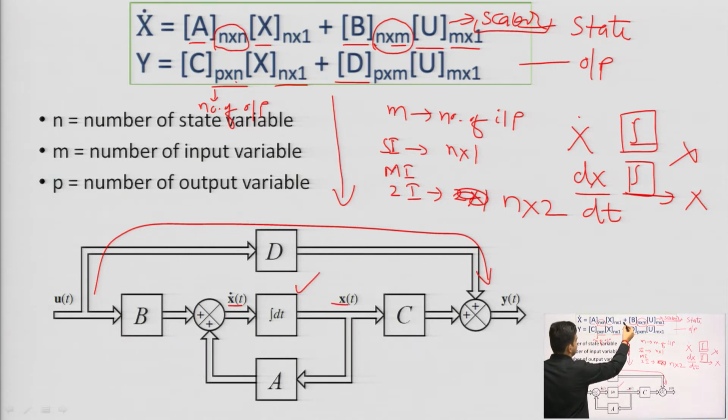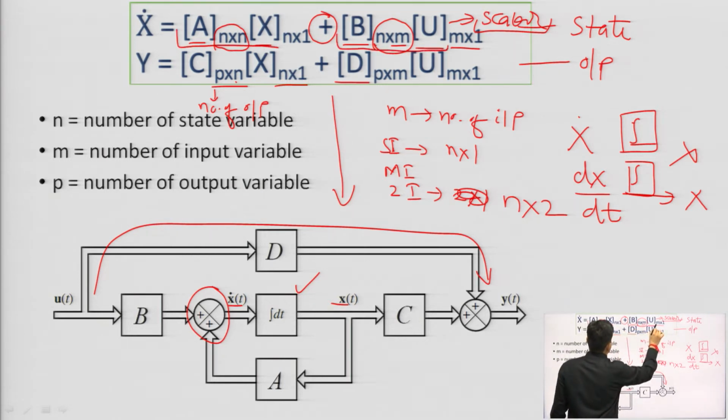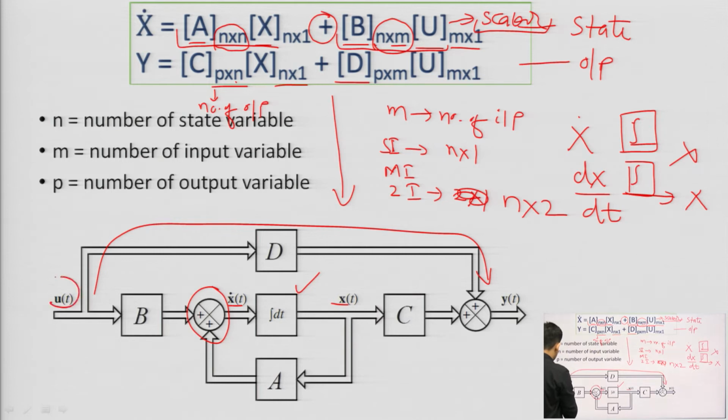To represent this state equation, I am using a summer which will perform this operation. It is a combination of two terms, one from the state matrix and the second from the input matrix. The input u of t is multiplied by B, so B times u is one input of this adder, and the second input is A times x. x of t is obtained here.